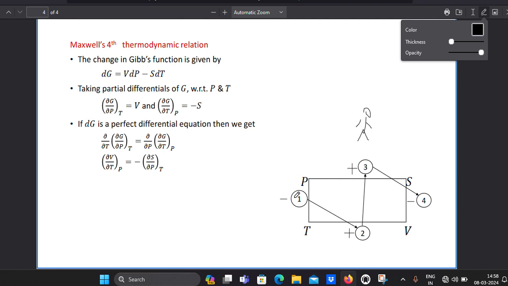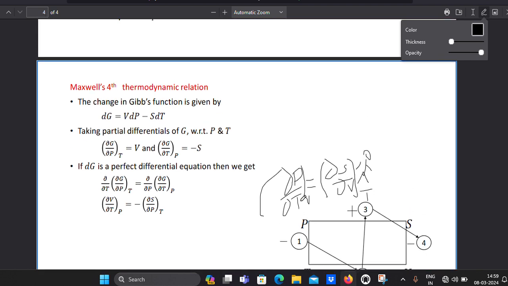First, ∂P/∂T is equal to ∂S/∂V. And the constant terms we have to write: here it is T constant, here it is V constant. So the third relation is ∂P/∂T at constant V equals ∂S/∂V at constant T.